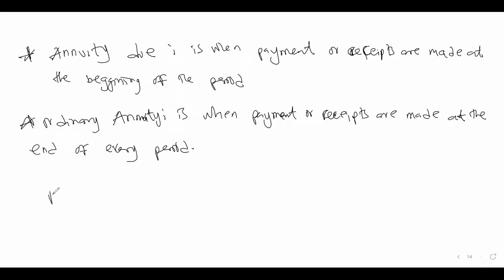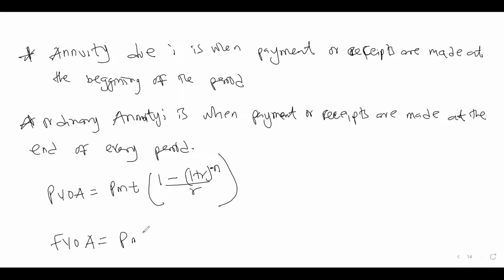So the present value of ordinary annuity, if you remember, is payment into brackets 1 minus 1 plus r raised to the power minus n, all over r. Then the future value of ordinary annuity is payment into bracket 1 plus r raised to the power n minus 1, all over r.